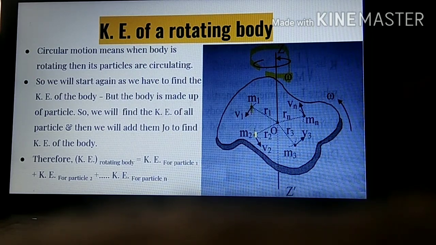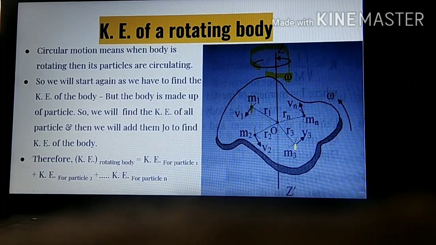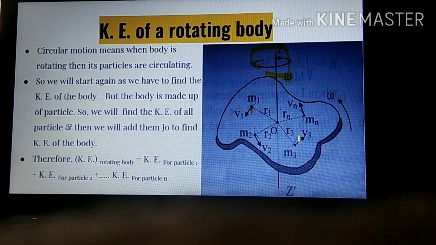Similarly, mass m2, which is situated at a distance r2 from the axis of rotation, is moving with velocity v2. Similarly, mass m3, situated at a distance r3 from the axis of rotation, is moving with linear velocity v3.